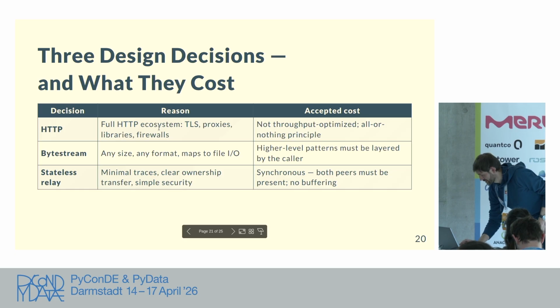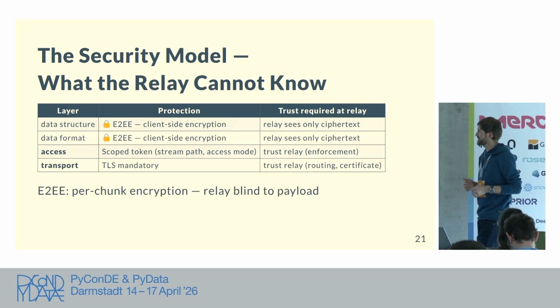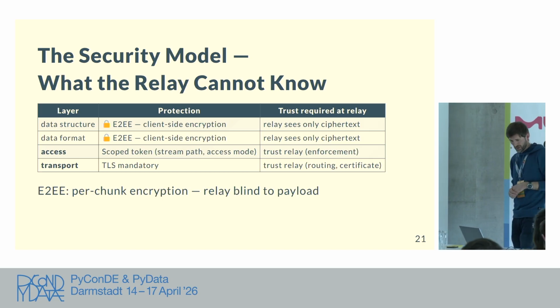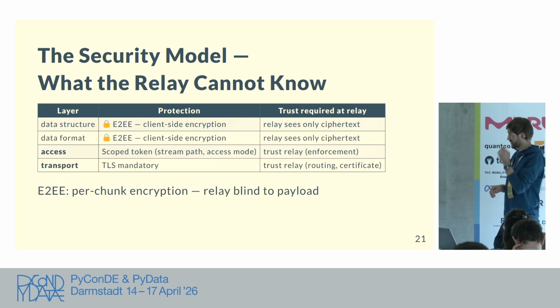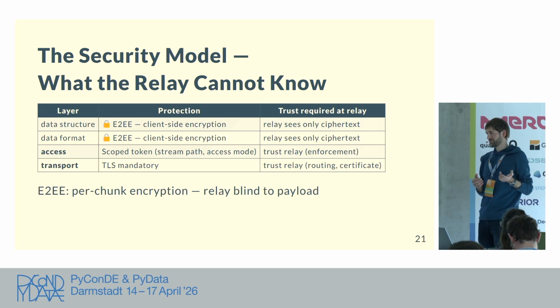The interesting part is actually the security model. When we separate the access and transport layer from the data structure and data format, that enables us to use end-to-end encryption. That means when we send sensitive data, we don't have to trust the cloud provider, we don't have to trust the relay provider anymore.